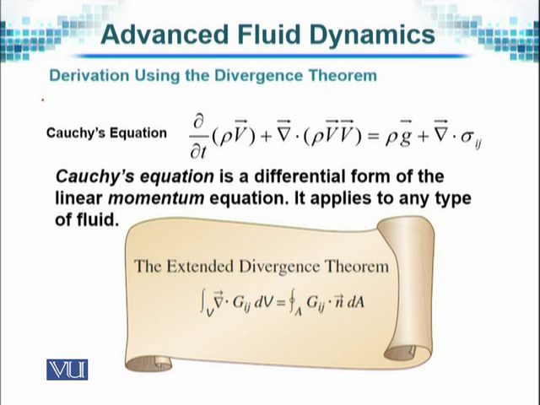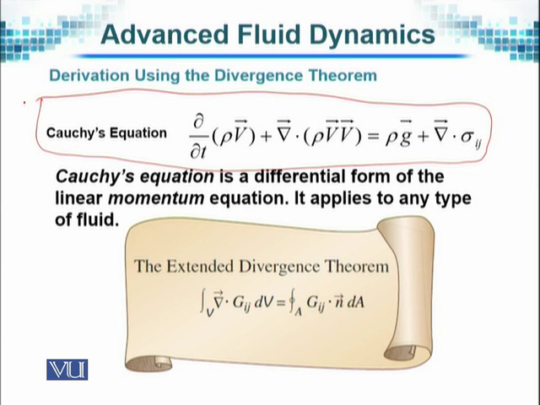Finally, Cauchy's equation in its familiar, standard form is written as this. It's a differential form of equation, and it reflects the linear momentum, and it applies to any type of fluid motion, in which extensive use of the divergence theorem has been made.